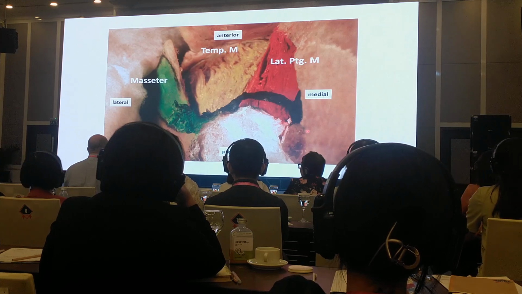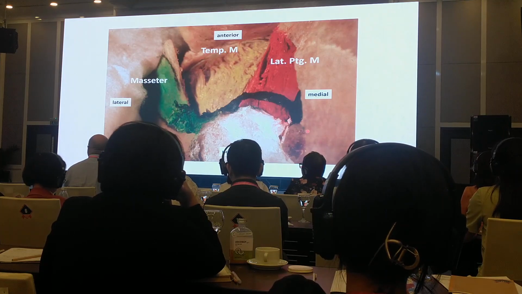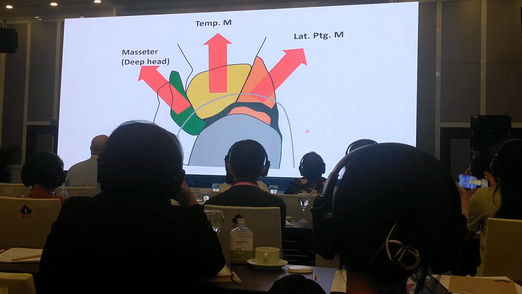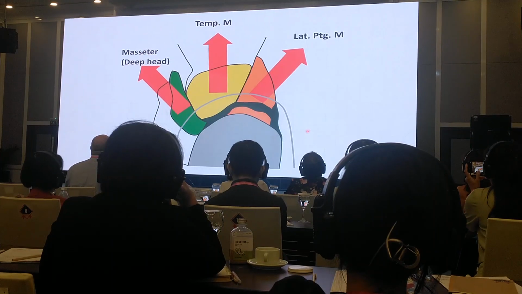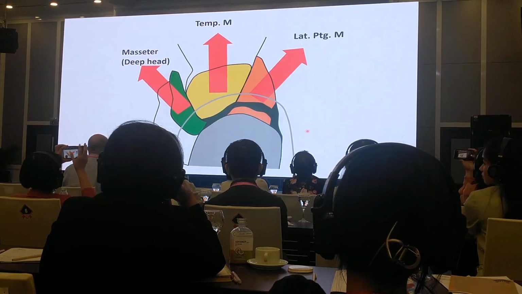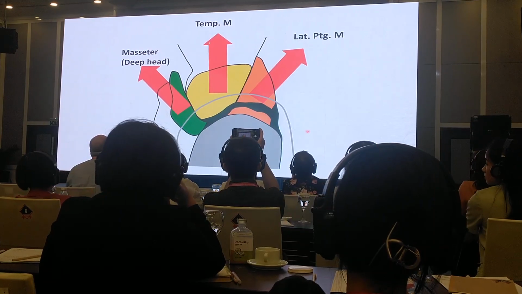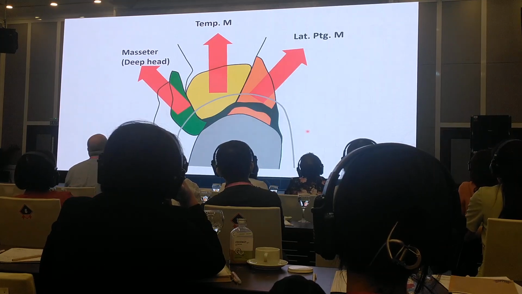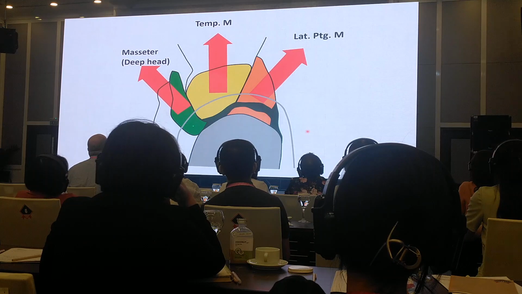Why do we need closing muscles here? Very interesting, right? Think about it. This is a schematic drawing: lateral pterygoid muscle, temporal muscle, anterior part, and masseter muscle.